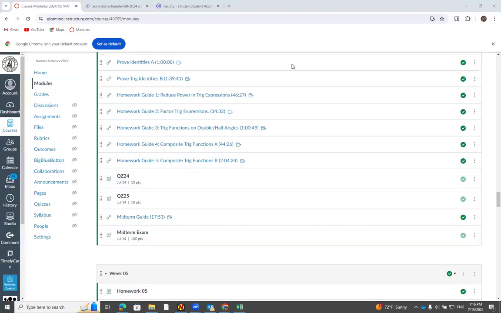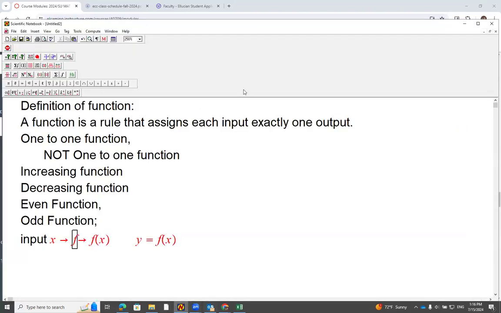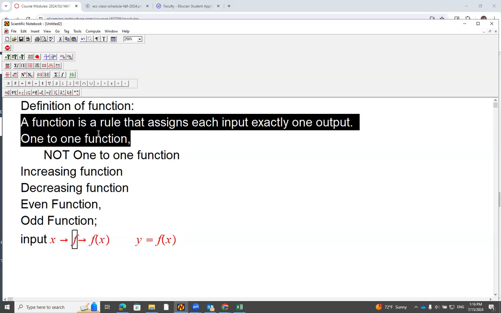And also, as you can see, let me share another screen with you. I wish to show you that all of these functions we have started with fall into this definition of function.